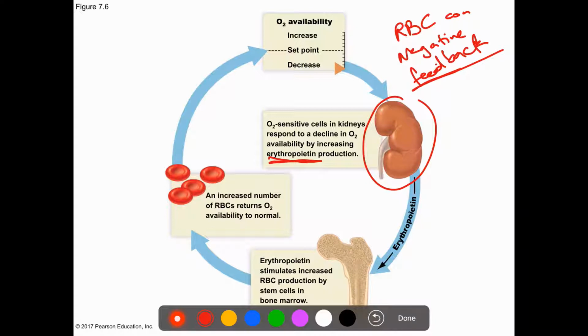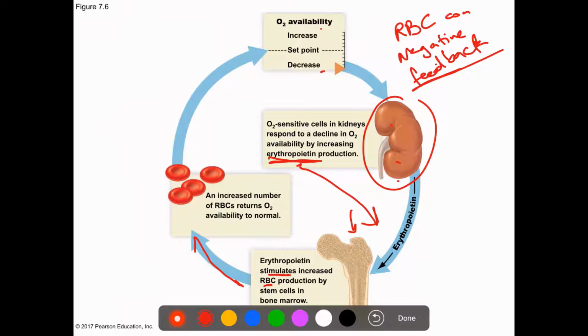Special cells in the kidneys will monitor oxygen availability. When this oxygen availability decreases, these cells are going to produce the erythropoietin. Erythropoietin would go to the bone marrow and stimulate increased production of RBC cells, red blood cells.